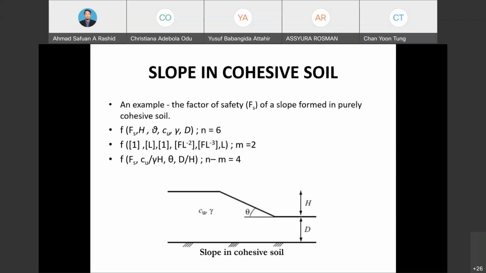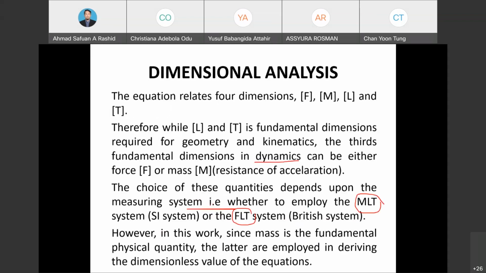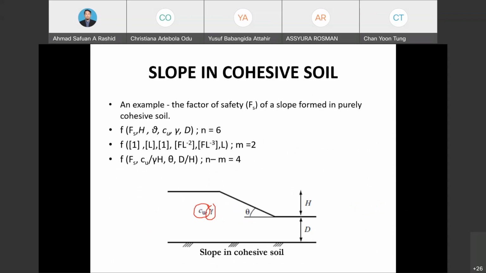There we have Cu, which is the undrained shear strength, then we have gamma, which is called the unit weight of the soil. Then we have theta, we have height H, and we have d. So altogether we have 1, 2, 3, 4, 5 inputs, and definitely the outcome is the factor of safety.